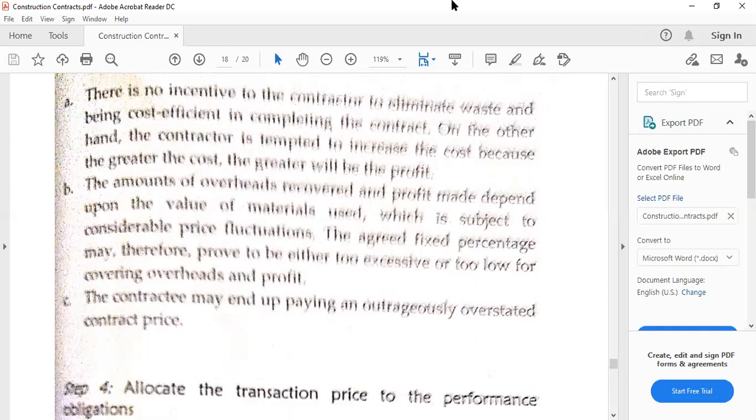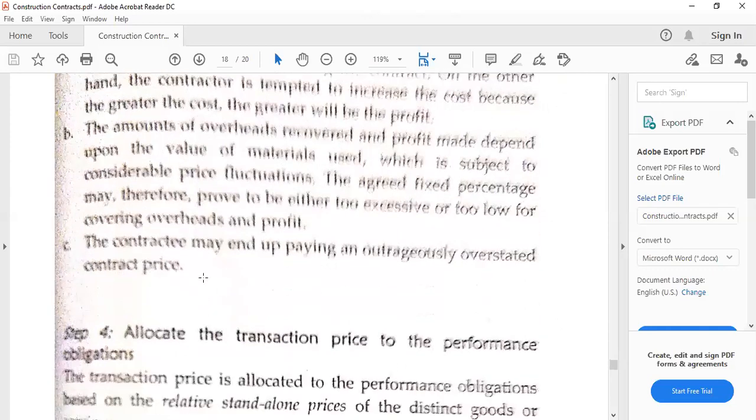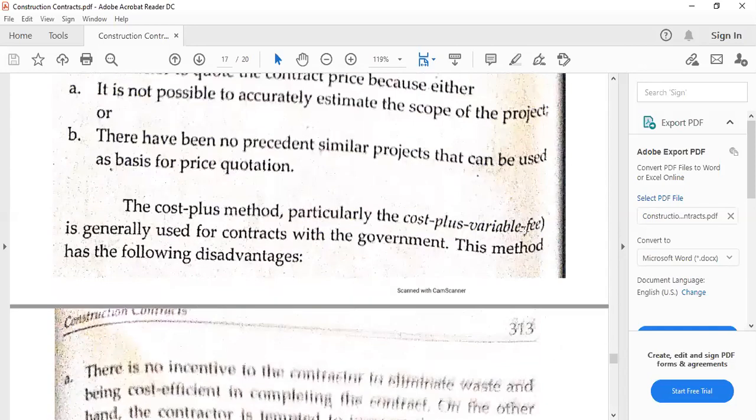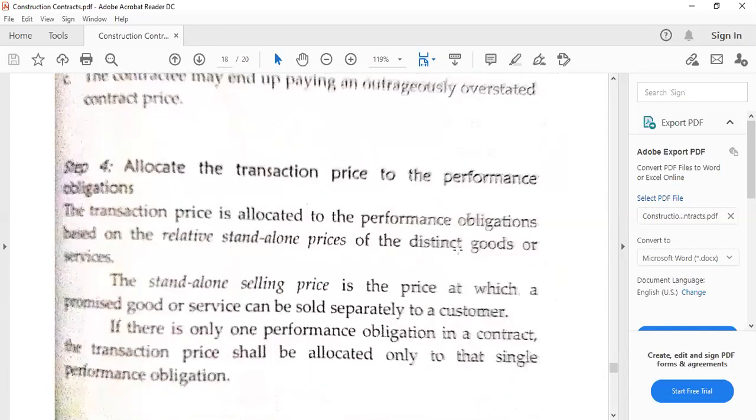One example is, let's say the percentage is already fixed, but the prices have increased or decreased along the way. And then the contractee may end up paying an outrageously overstated contract price. So because of this particular feature, the variable fee, that particular customer might be paying more.